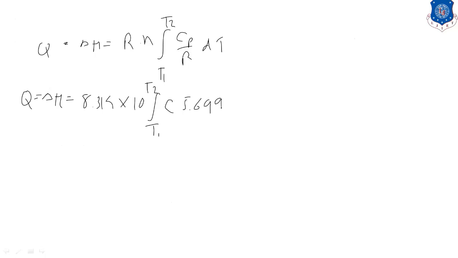So using this value of Cp upon R in this equation, we will get 5.699 plus 0.801 multiplied by 10 raised to minus 3 T minus 1.015 multiplied by 10 raised to 5 T whole raised to minus 2 into dT.